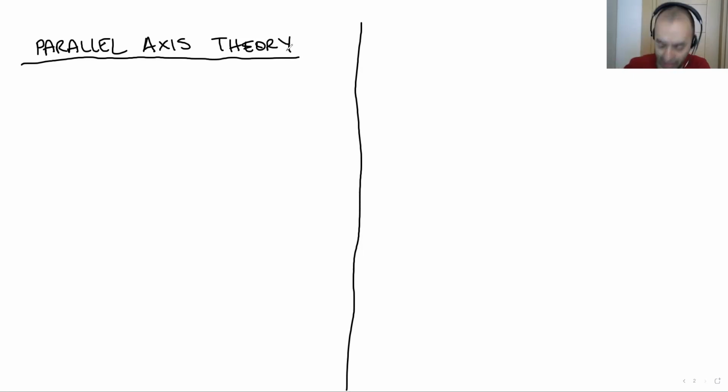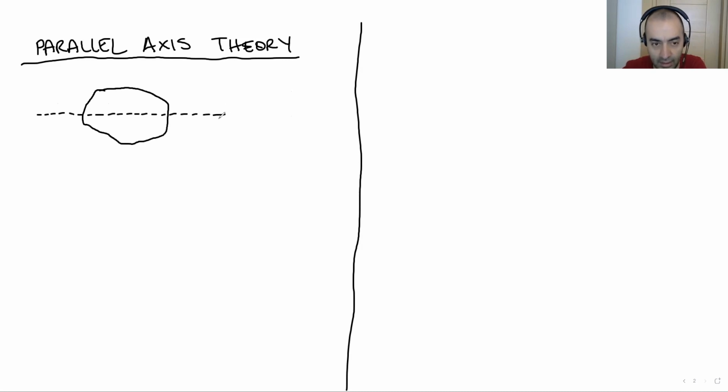For example, if I have a member like this, and this is its x axis, and this is the centroid g, Ix is the moment of inertia of this section according to this x-axis.